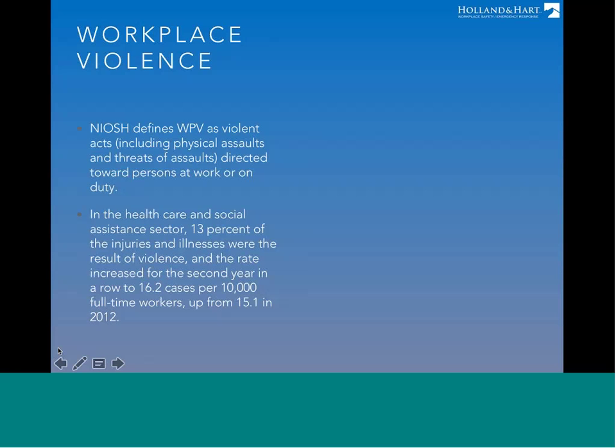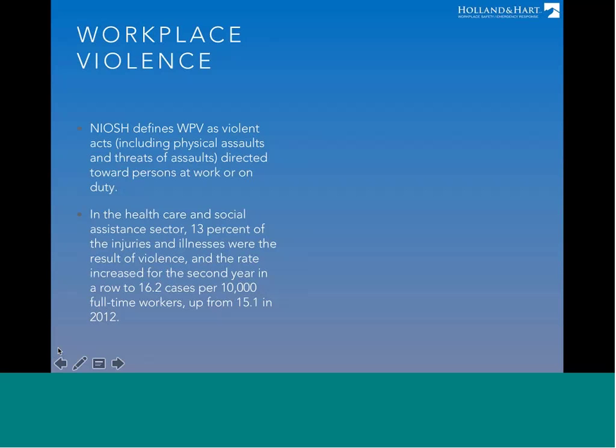In the healthcare and social assistance sector, 13% of the injuries and illnesses were the result of violence. And the rate actually increased for the second year in a row to 16.2 cases per 10,000 full-time workers, up from 15.2 in 2012. And obviously, as we see, it is not just your traditional view of workplace violence in terms of either patients or other employees that may engage in violent acts in the workplace.